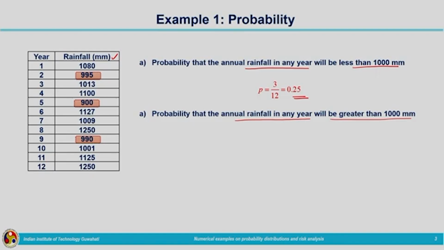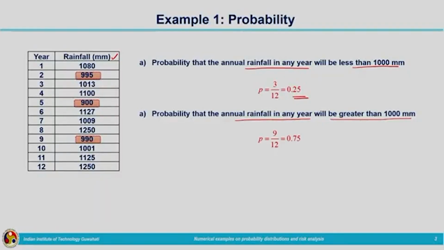If that case is there, we have to exclude it when calculating the probability of events greater than 1000 millimeters. Here that is not there. So, the remaining 9 events represent a value greater than 1000 millimeters. We can calculate the probability as 9 divided by 12, which comes out to be 0.75. If you add these two probabilities, you get 1.